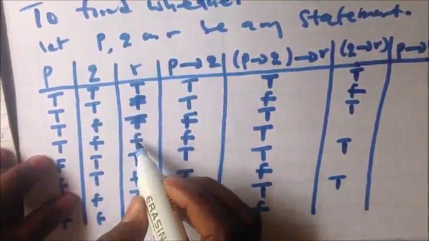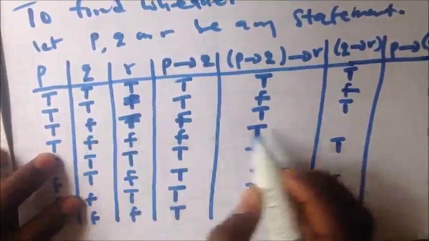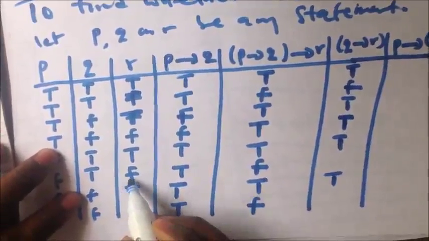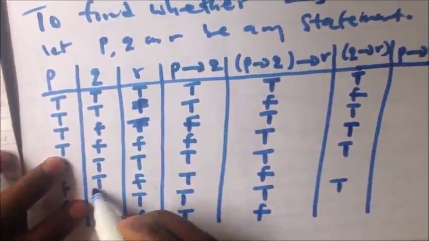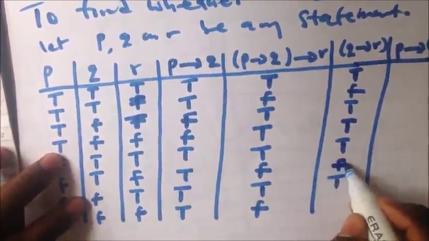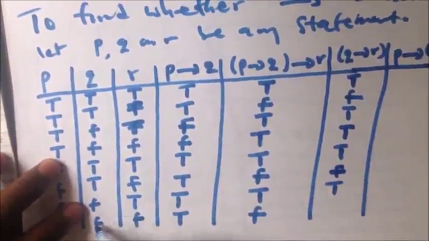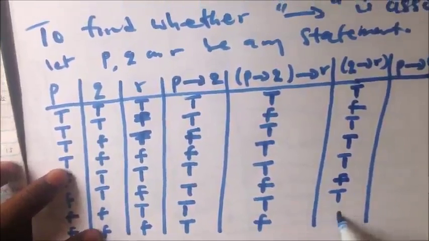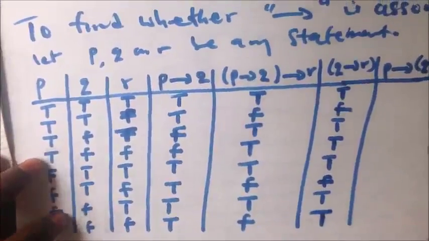When Q is false and R is false, it is true. When Q is false and R is true, it is true. That's in the case of Q implies R.